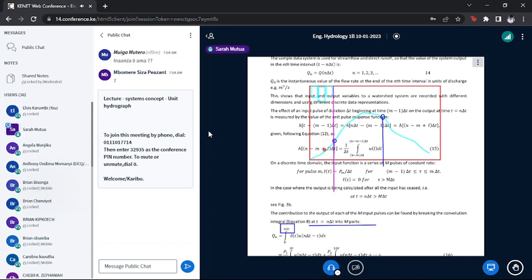So n, when the discharge is measured, can be equal or less than M, or it can be greater than M. If it is equal or less than M, you have measured it within this time here, for example. But if n is greater than capital M, you have measured the discharge after the rainfall has ended.